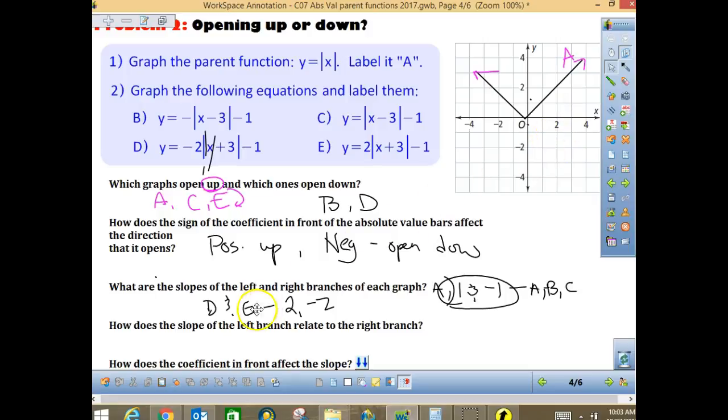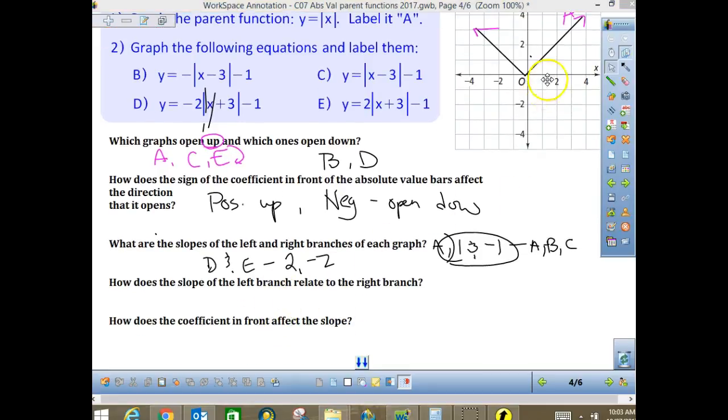So I have 2 and -2. It says, how does the slope of the left branch relate to the slope of the right branch? It's what? They are always opposites when you're looking at that. So the one branch to the other branch, those are our opposites.